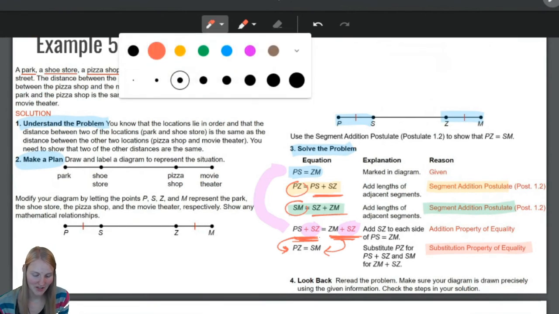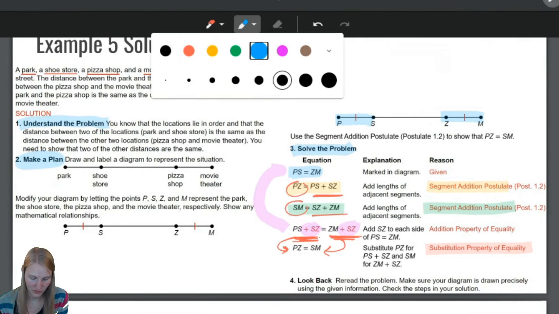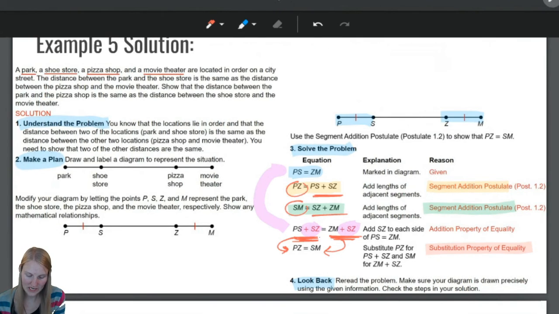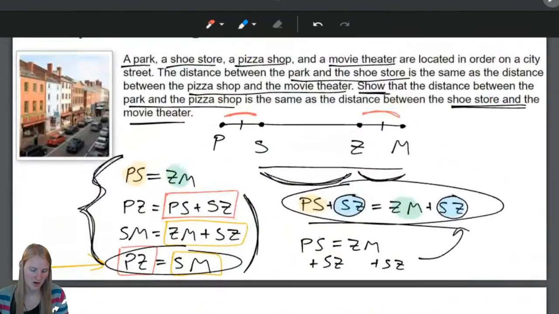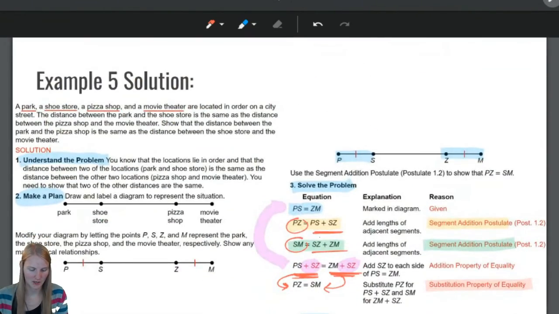And then the last step that they did was to look back, reread the problem, make sure your diagram is drawn precisely using the given information, and check the steps in your solution. Which is what we just did. We kind of went back through it. We had our jumbled thoughts up here, and then we came down here and we solidified our thoughts.